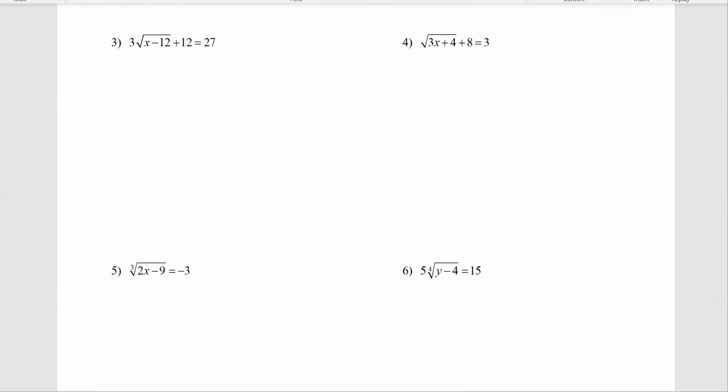Example 3, first we need to isolate the radical by subtracting 12 from both sides. Next, we need to divide both sides by 3.